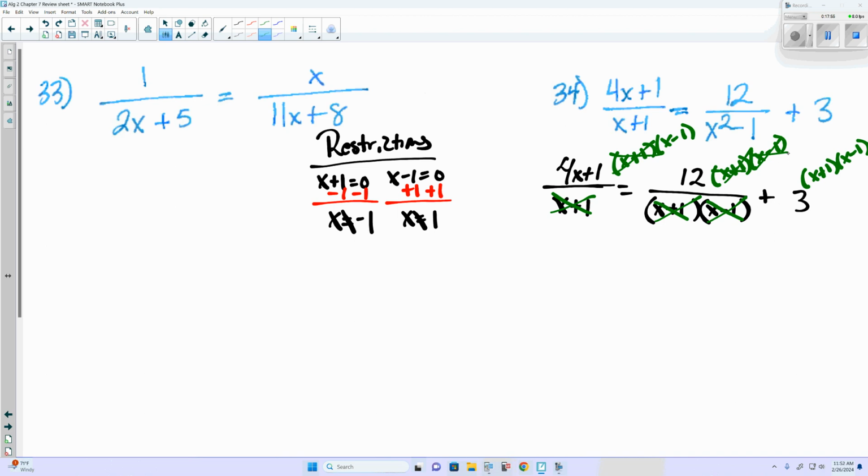Now, since the 3 does not have a denominator, nothing simplifies. And what that leaves us with is 4 times x plus 1 times x minus 1 is equal to, well, the 12, our middle expression, everything simplified, plus 3 times x plus 1 times x minus 1.